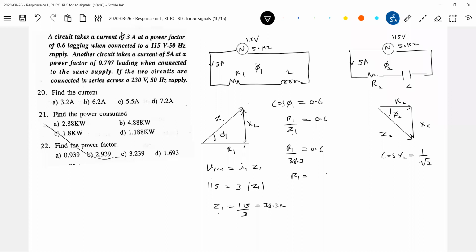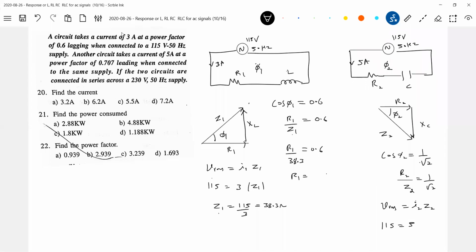Similarly, you proceed here. What is VRMS? I2 into Z2. First, I'll write cos phi 2 value. Cos phi 2 should be R2 by Z2. So VRMS equal to I2 into Z2. VRMS is how much? 115.